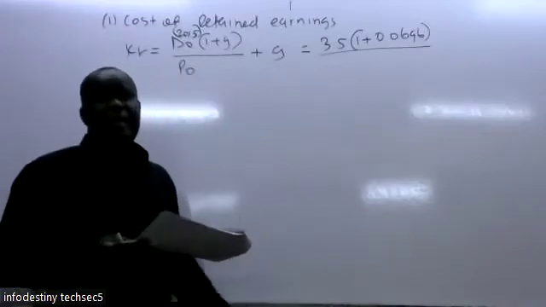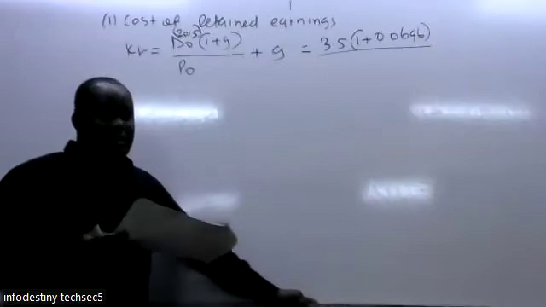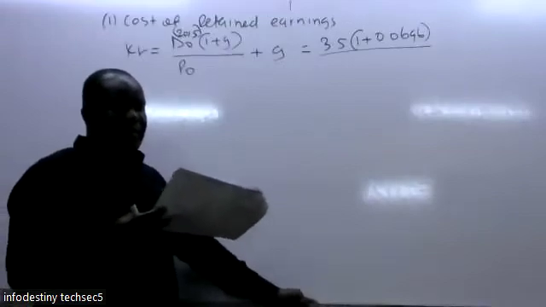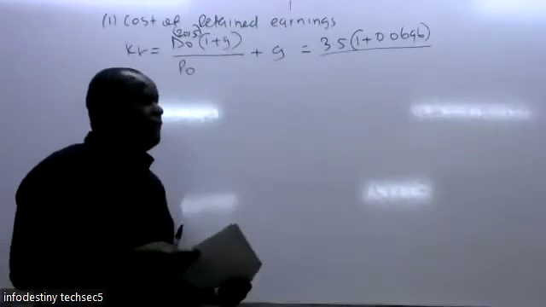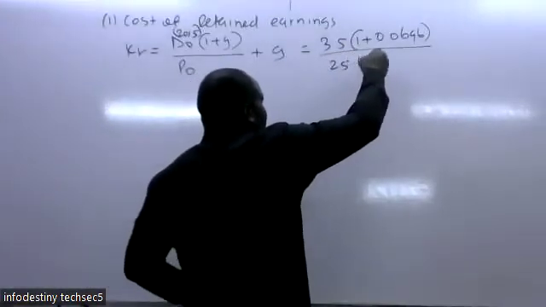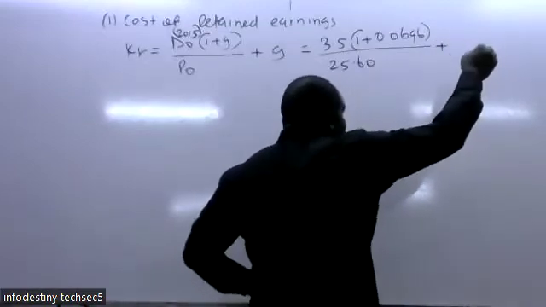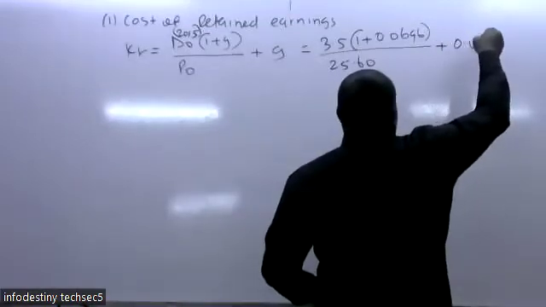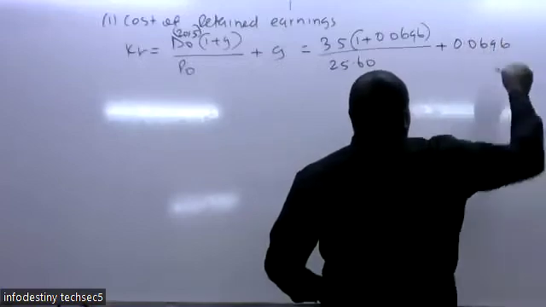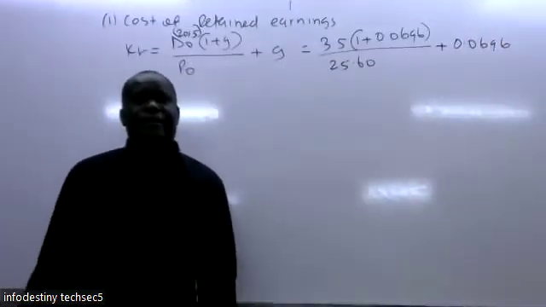25.60. So it is ex-dividend. But if they say cum dividend, you subtract dividend from that figure. So that value is 25.60. So you also add that portion of 0.0696, then express it as a percentage.